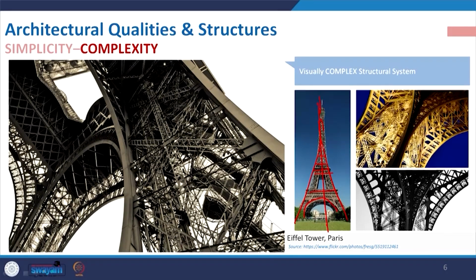But if you have a close look at those corners, the 4 legs of this, and see the arrangement, different kinds of prismatic truss, different kinds of steel arrangement, the way they are laid together, their connections, it is not very simple, it is looking very complex. So, that is why this particular image is depicting the complexity of architectural quality.